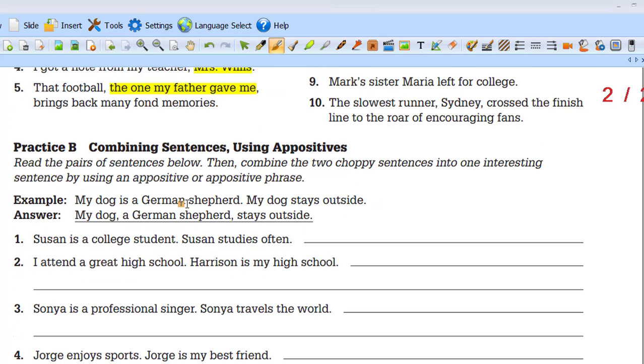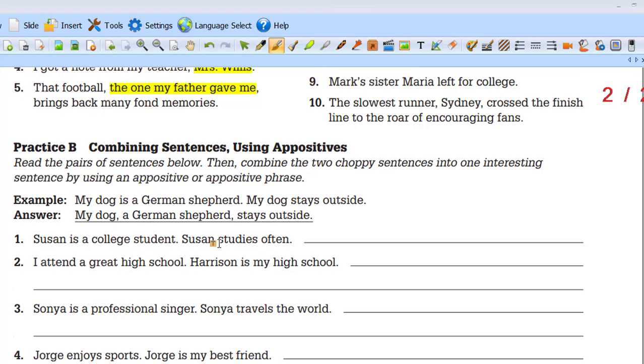Here we have to join two sentences with each other using the appositive phrase. Combine the two choppy sentences into one interesting sentence by using an appositive or appositive phrase. Here we have number one. I'm going to do number one for you and you can continue the rest. In number one, Susan is a college student. Susan studies often.